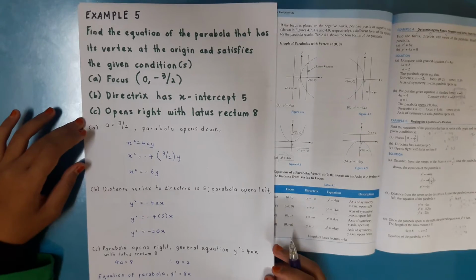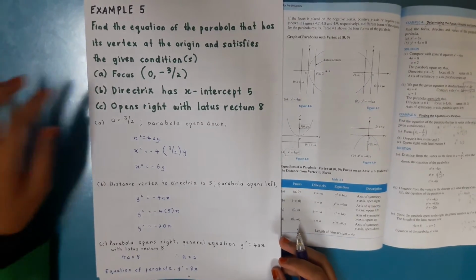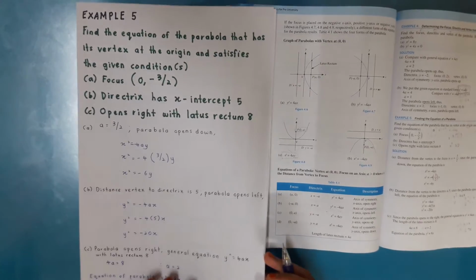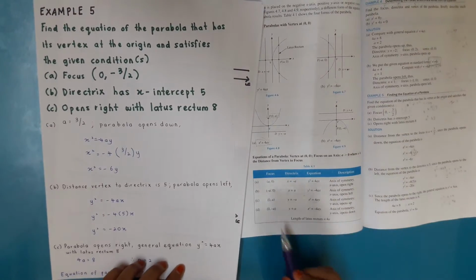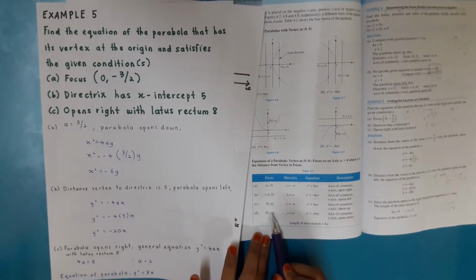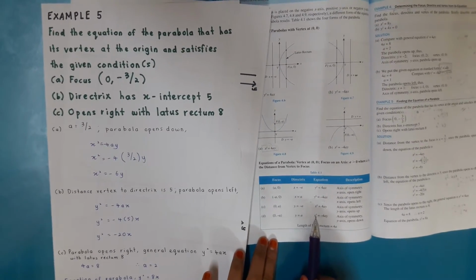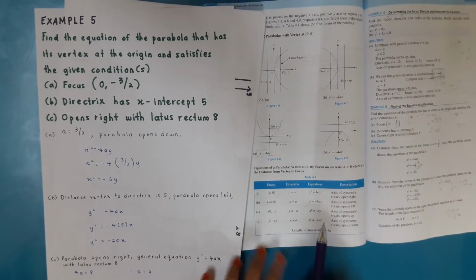For the first question, A, the focus is 0, negative 3 over 2. Referring to the table, we know that the focus is 0, negative a. So the general equation is x squared equals negative 4ay.